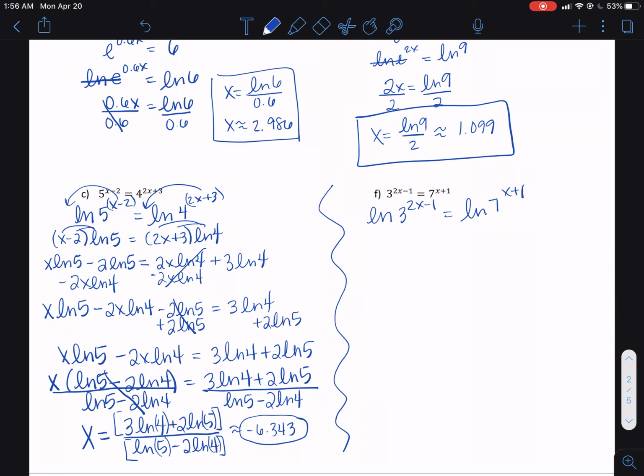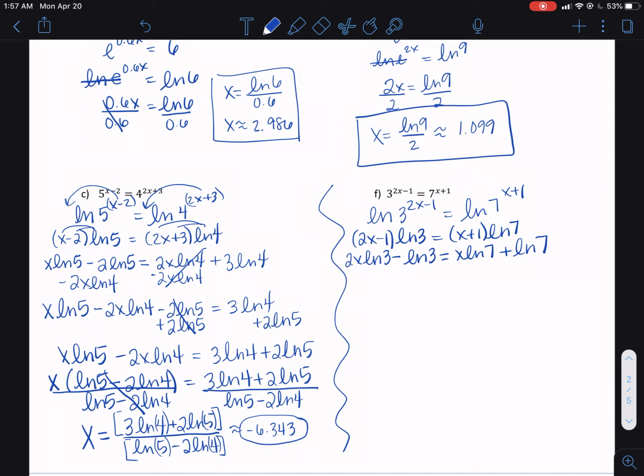And then move those binomials to the front using our power rule. Okay, we're going to distribute. So 2x natural log of 3 minus the natural log of 3 equals x natural log of 7 plus the natural log of 7.